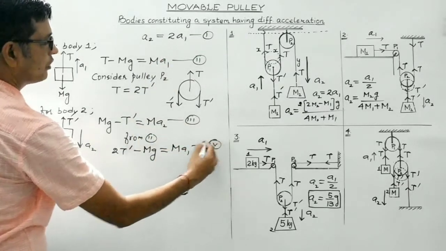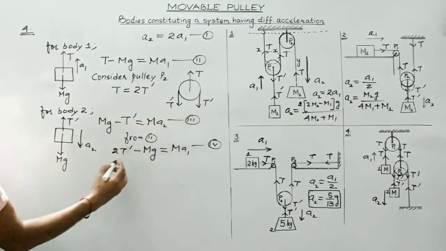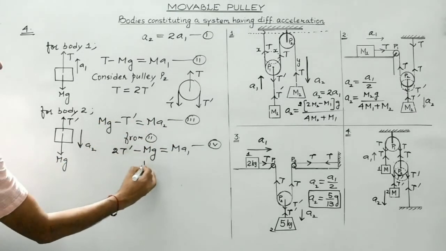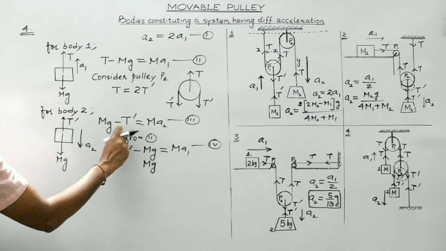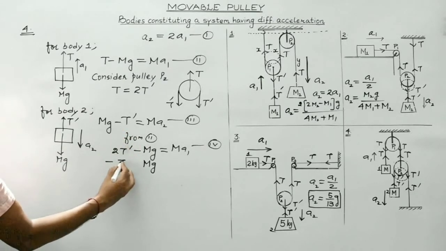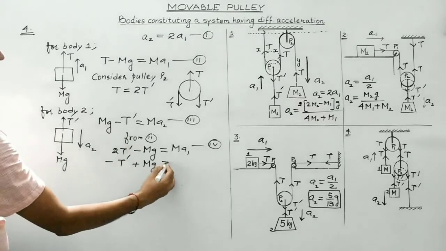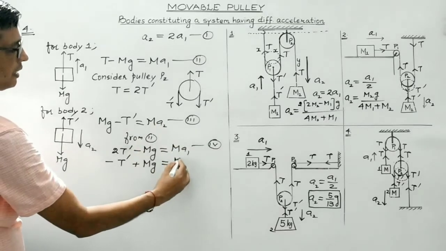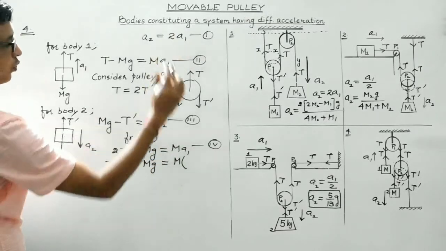Right? Put this as equation 4. Now from the third, what we get is mg minus T dash is equal to m into A2. A2 is twice A1.